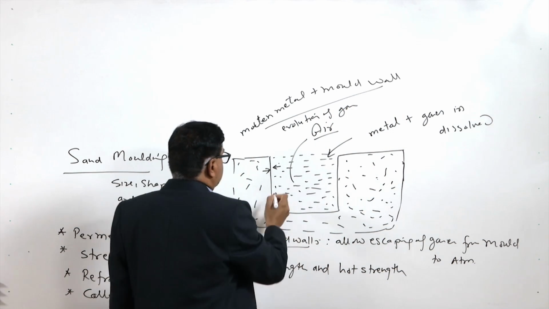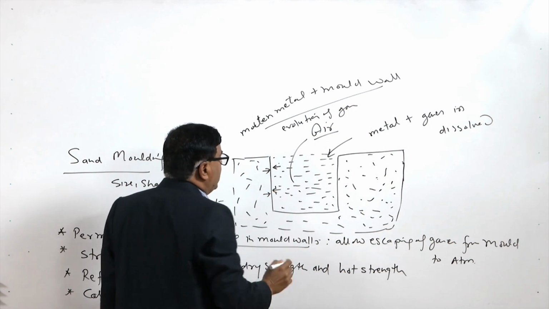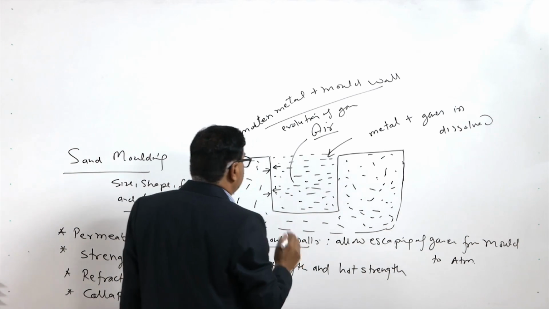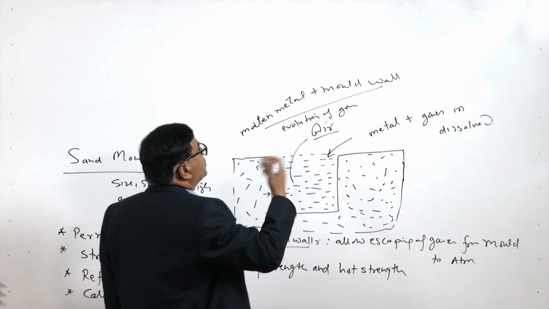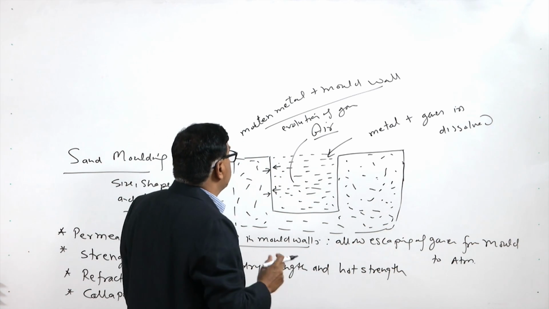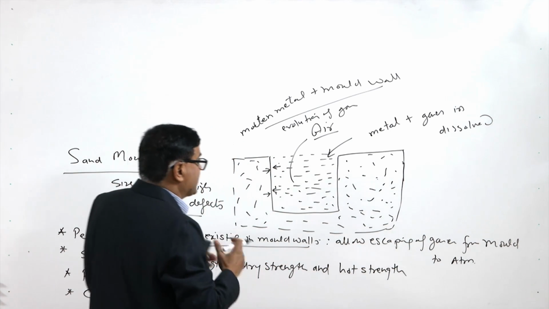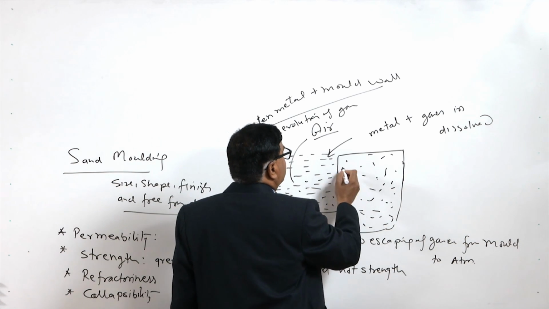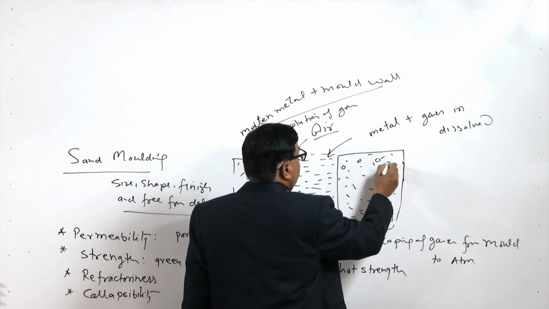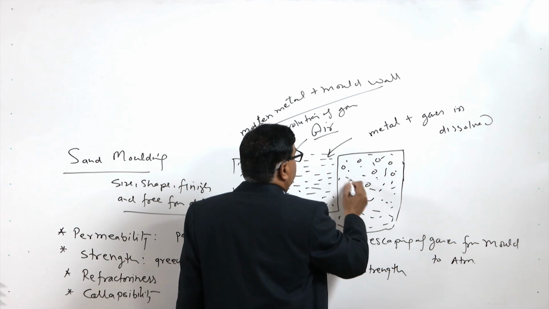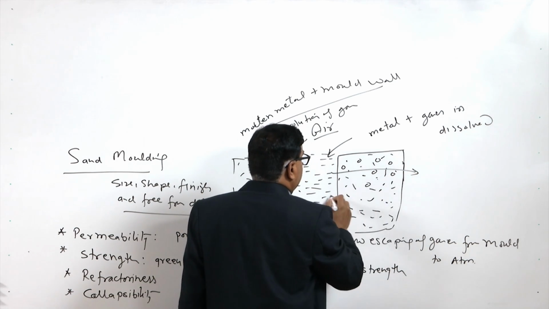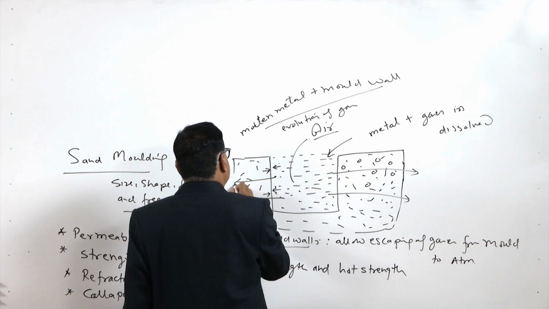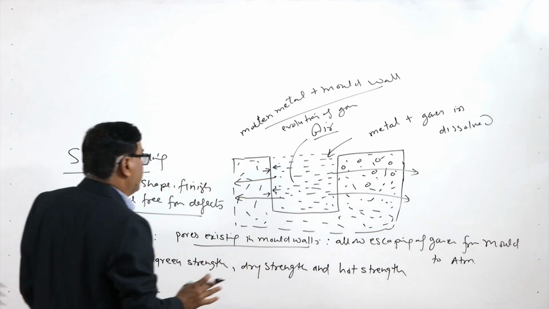So, these gases being generated due to the interaction between the mold and the molten metal also should get space for escaping, and this escaping is facilitated through the pores which are present in the sand mold. So, the gases will get the pores or channels for coming out of the mold.